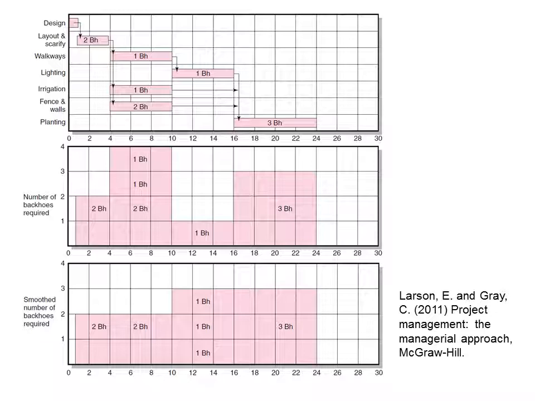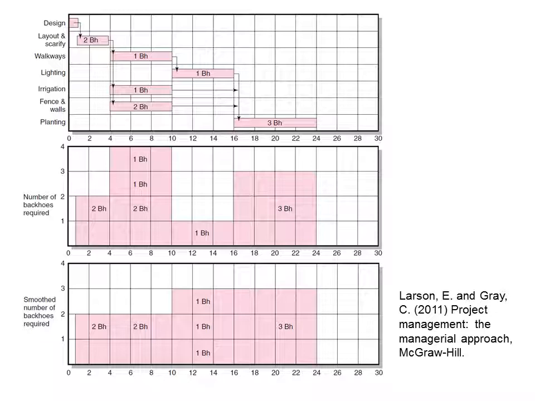Why is this important? Well, if you can imagine you have to maybe hire these machines or get them to the project site, then in the first resource schedule we'd have 2 machines, then we'd have to hire in 2 more machines to make 4, then we'd have to either keep those on site not being used, in which case they're a waste, or send them back to the hire company for some weeks, and then so 3 of them would have to go back to the hire company for some weeks, and then we'd have to get 2 of them back again.